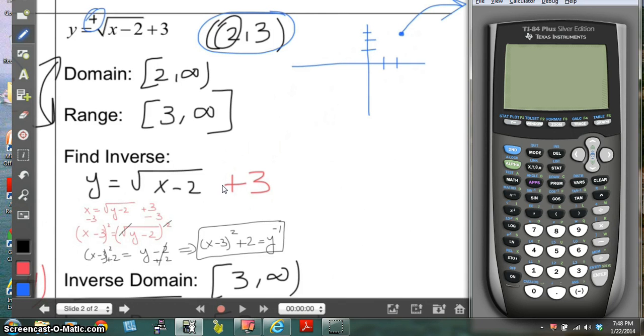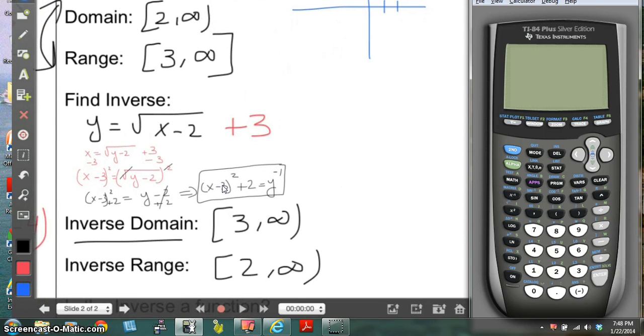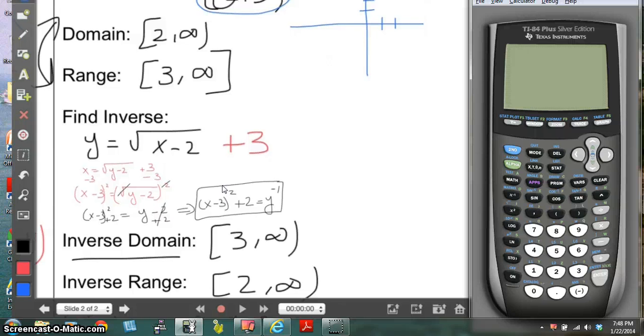Now I'm going to use the red to draw the inverse. So to draw the inverse, let's look at the domain and range over here. So it's (3, 2). That's the point I'm going to start at, (3, 2). So in red, 1, 2, 3, and then 1, 2.